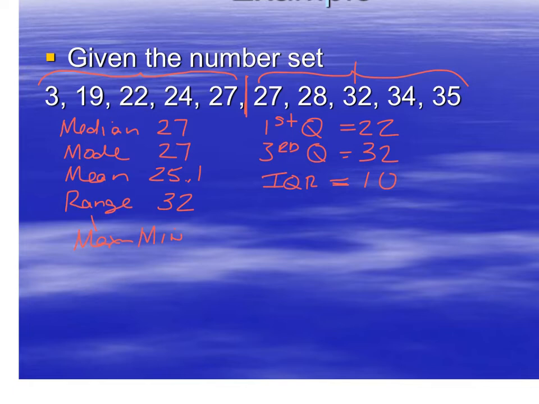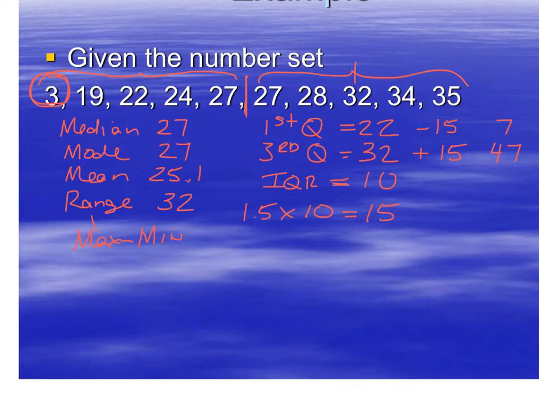If I was asked to determine outliers, I would take 1.5 times 10, which is 15. I would add that to the third quartile. I would subtract that from the first. So that gives me limits of 7 and 47. And in this case, 3 is not in there, so the number 3 would be considered an outlier.